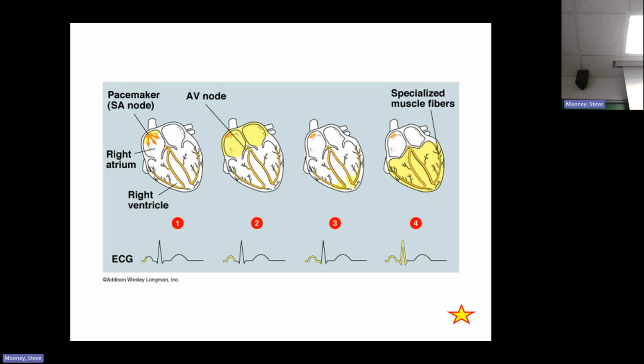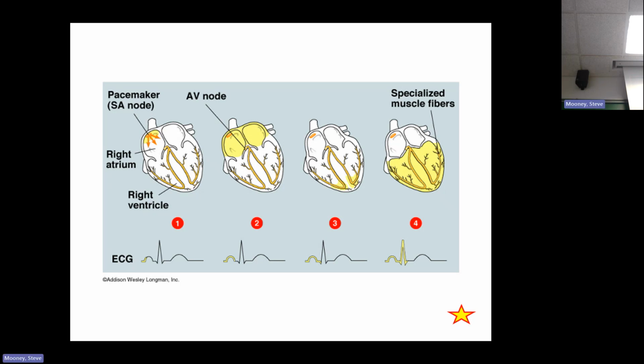So as that globe or kind of hat of electrical signal spreads out, it's going to contract those atria. They're going to push blood to the ventricles. As that happens, eventually you're going to hit the AV node, and that's going to fire.